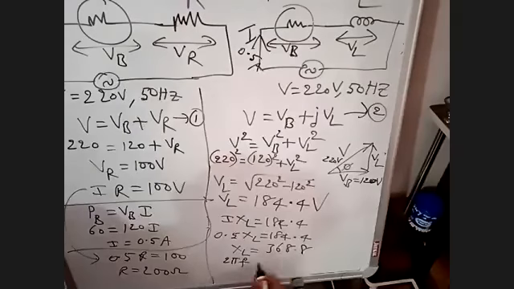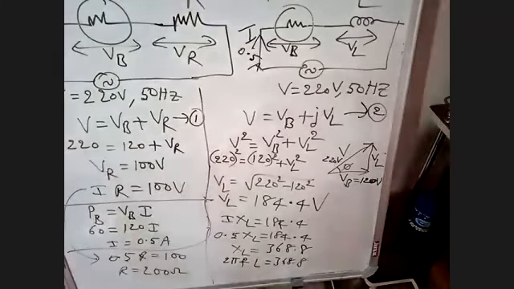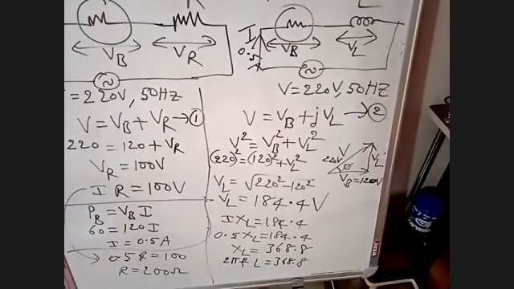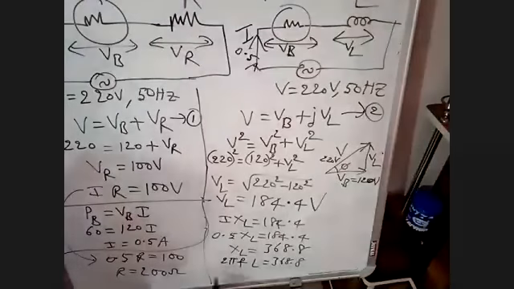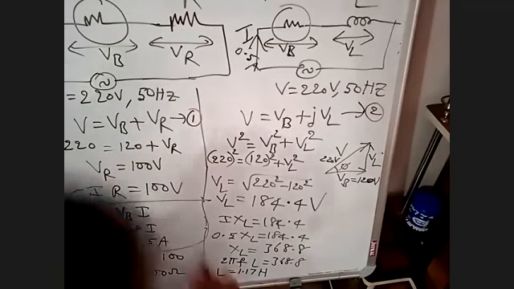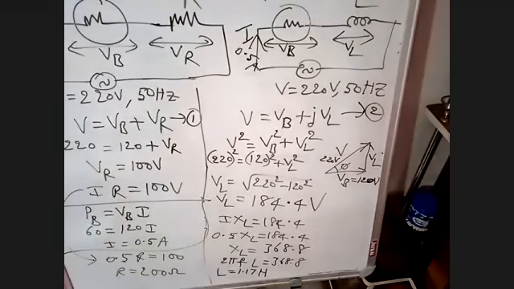Okay. Whatever you get, substitute frequency value, F value, we will get L value. So that is the L value, 1.17 Henry.